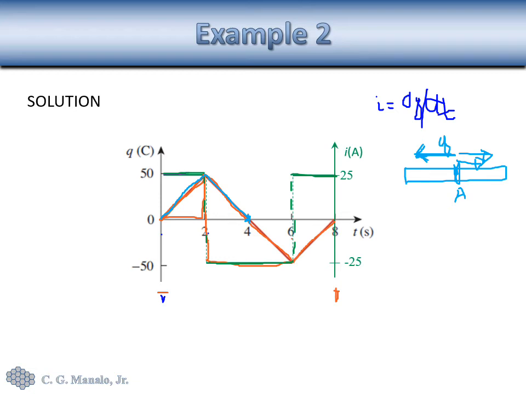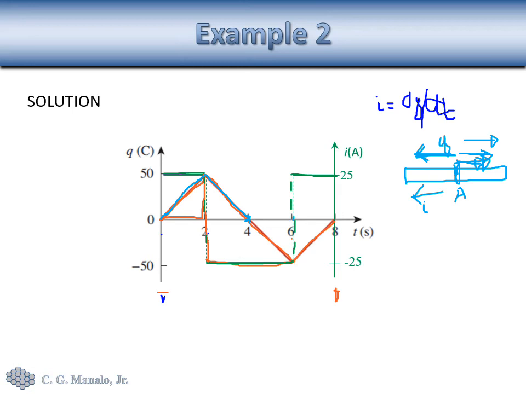So that means between 2 and 4 seconds, Q is actually flowing in the right direction. And that means that current is flowing to the left direction between 2 and 4 seconds. And of course, that means that between 0 and 2 seconds, current was flowing in the right direction. And after 4 seconds, Q continues to flow in the right direction and up to the 6th second.